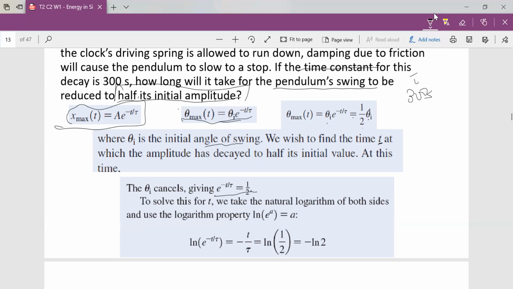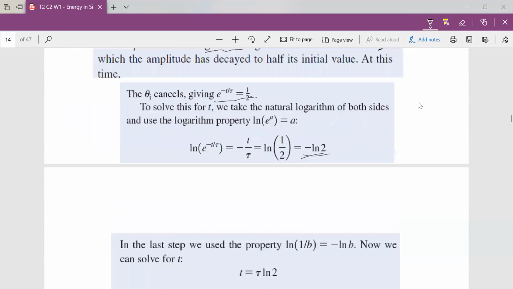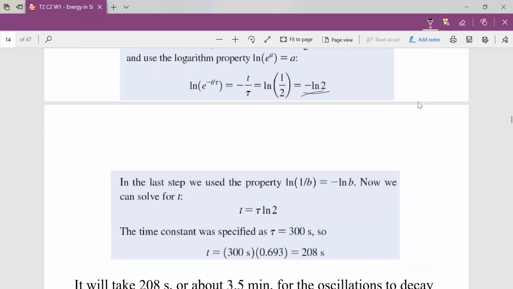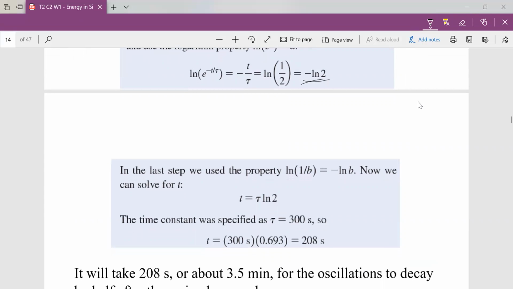So solving that out, we took the ln to eliminate the exponential, and then we have the final expression to be minus ln 2. So if you hit the minus ln 2 on your calculator, you have a value.